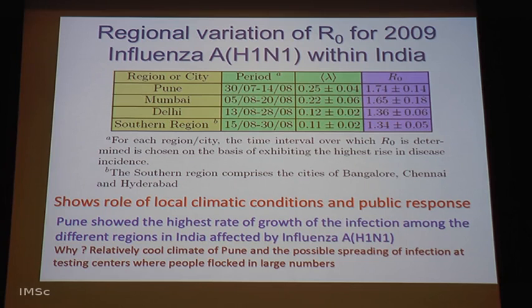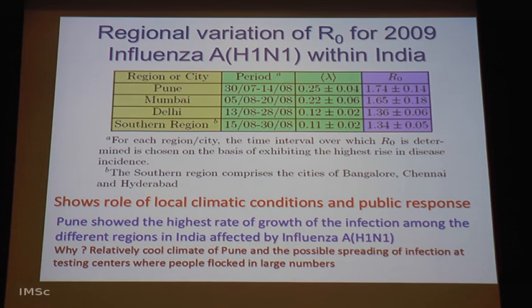As I told you, we estimated R naught for the whole of India with the assumption of homogeneous mixing. We also calculated for different cities and regions. Here we can see Pune's R naught is 1.74, Mumbai 1.65, then Delhi. The southern region includes Bangalore, Chennai and Hyderabad.